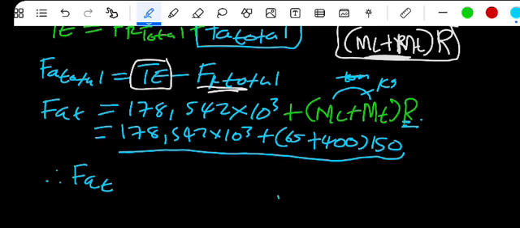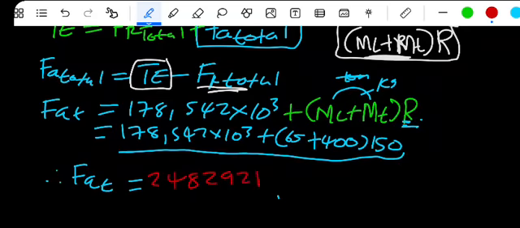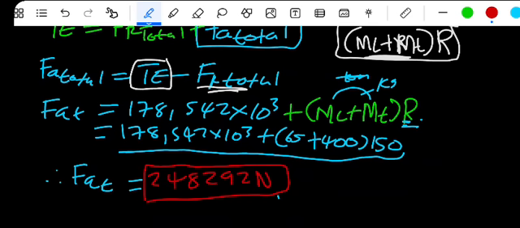What will I obtain? I will obtain 248,292 Newton.